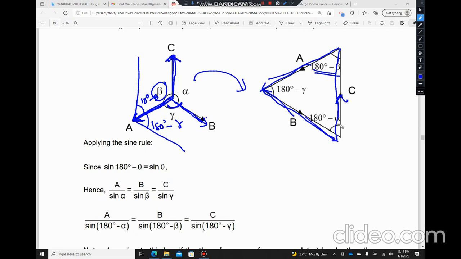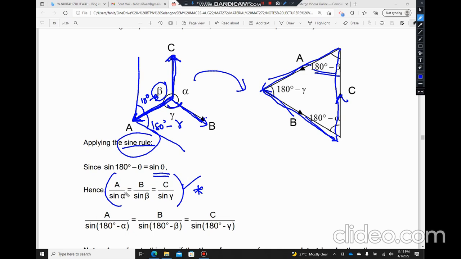C and B, dia akan jadi 180 minus alpha. Then applying the sine rule, kita apply sine rule. Since sine 180 minus theta equals sine theta, so we have A over sine alpha equals B over sine beta equals C over sine lambda. So yang ni awak dah belajar untuk sine rule kan. Kita dah biasa guna dah 3 formula ni.